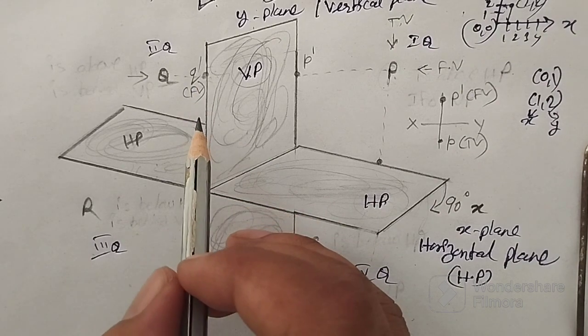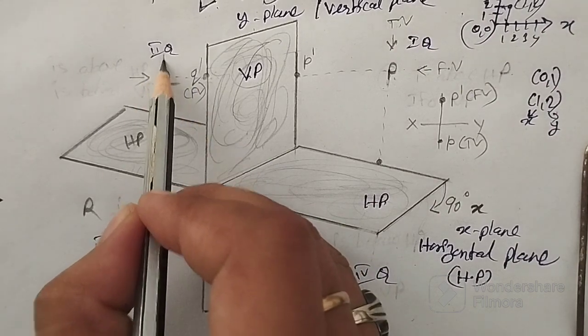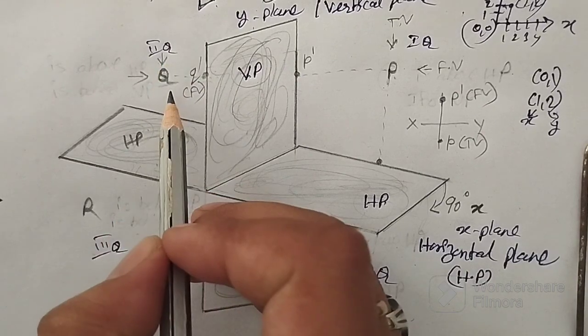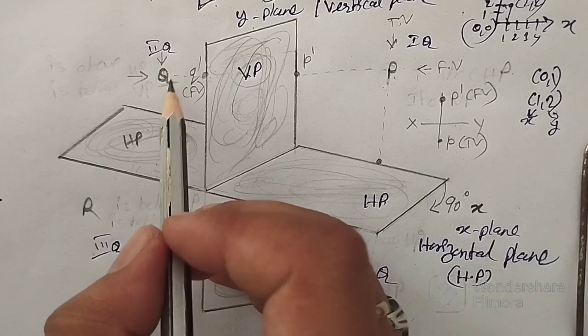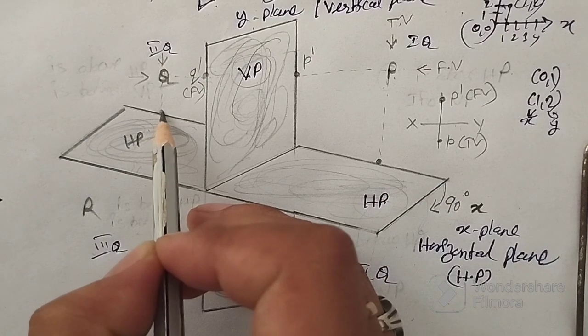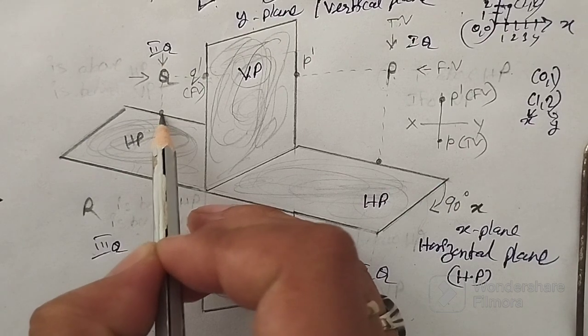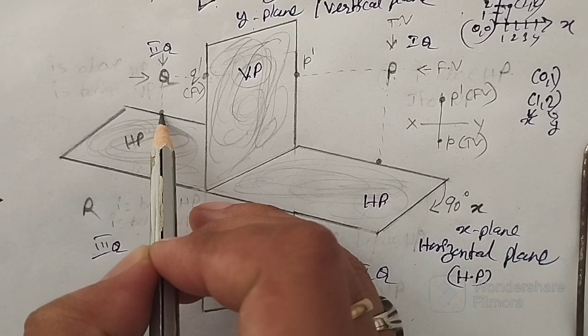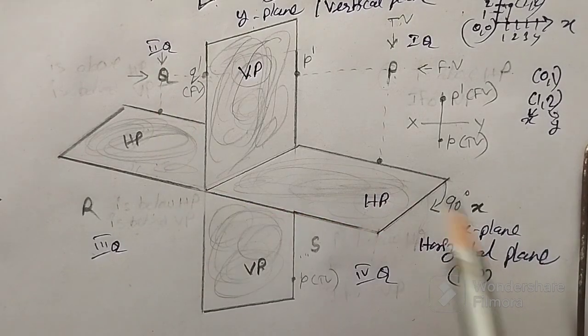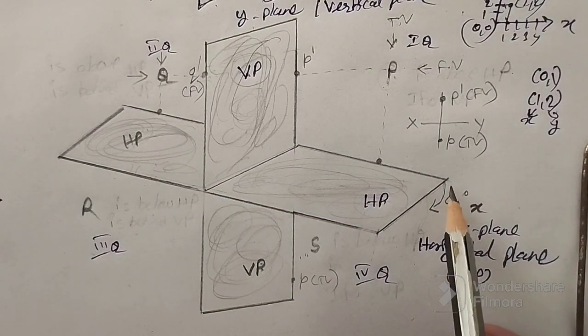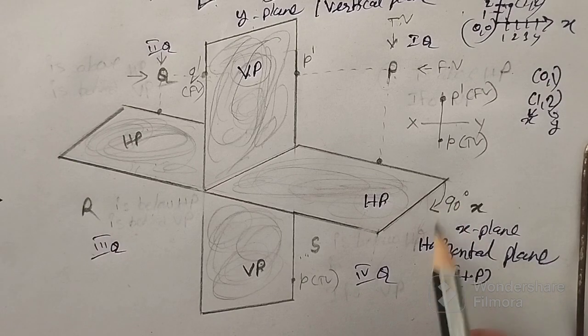That is my front view. If I look at the same Q from top or from aerial view, image has to fall somewhere here. But to write in 2D, you should rotate this HP to a degree of 90.